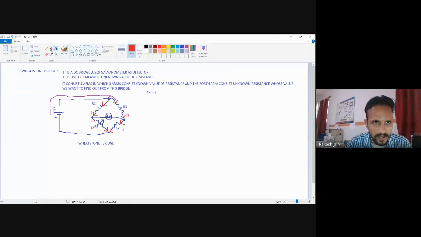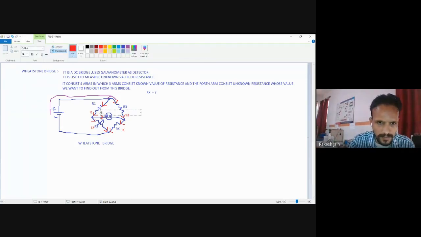Now this is a galvanometer, so this I1 comes here, and also some current will flow through the galvanometer. Let the current be Ig, and let the galvanometer resistance be Rg.